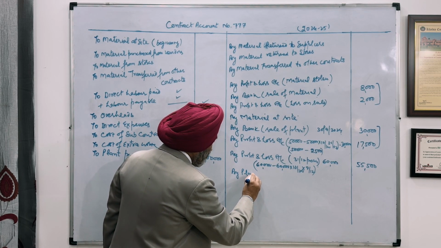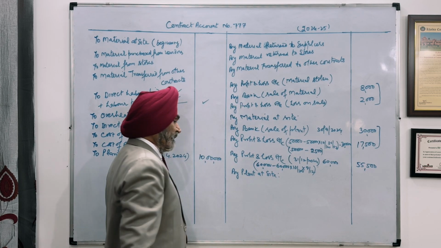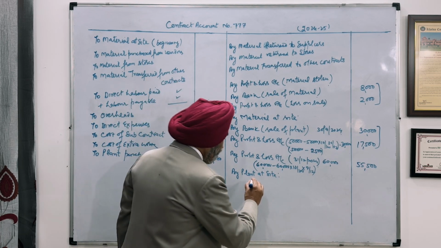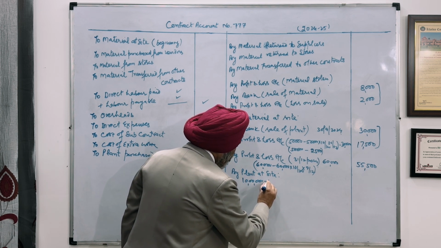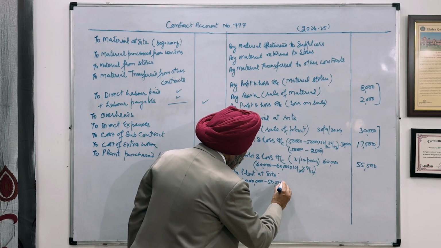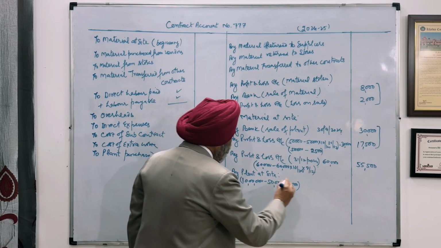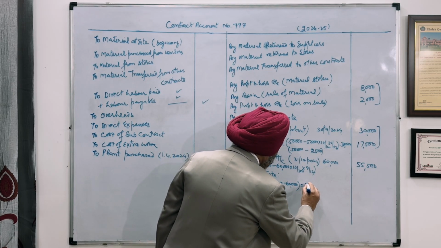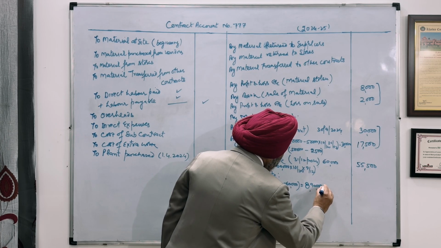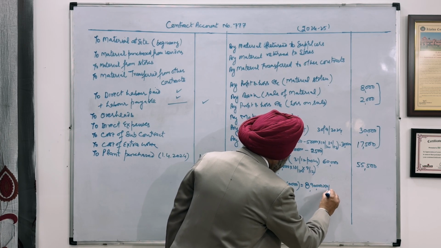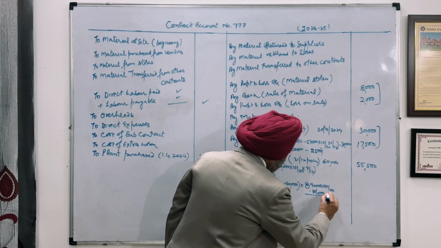So whatever plant is left at site. We had a plant worth rupees 10 lakh, costing 50,000 was sold, costing 60,000 was stolen. We were left with a plant costing 8 lakh 90,000. On that, we will provide a 10% depreciation, which comes out to 89,000.